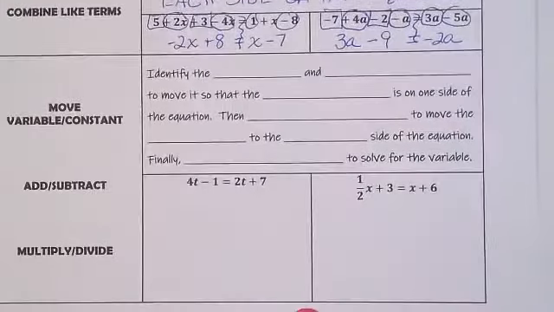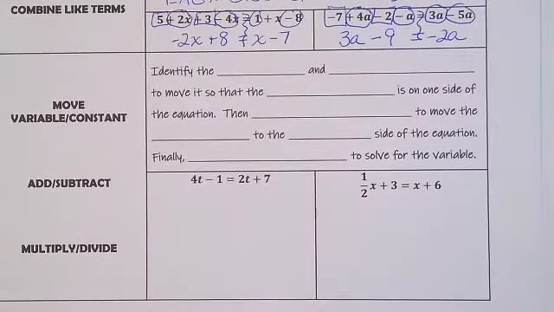Next steps, move variable constant, add or subtract, multiply or divide. So identify the variable and add or subtract to move it so that the variable is on one side of the equation.